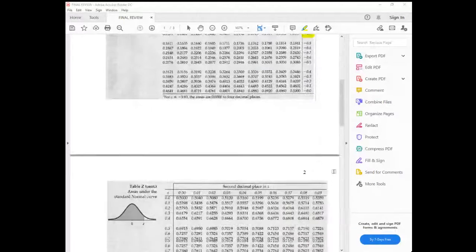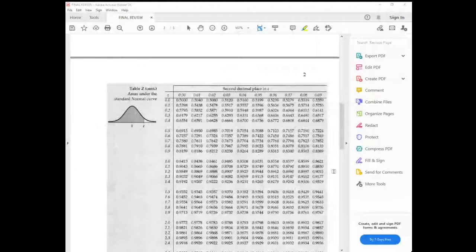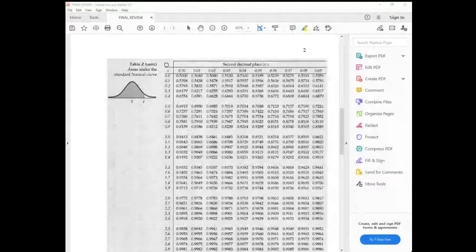So I'm going to my next page where it shows z as positive. I go down to when z is equal to 2.00. Second decimal place is also 00. And that's where I got 0.9772. So remember, it's the area from negative infinity all the way up to when z is 2.00. It's all that area. Okay, so that's 0.9772. And that's how we applied it in that question.